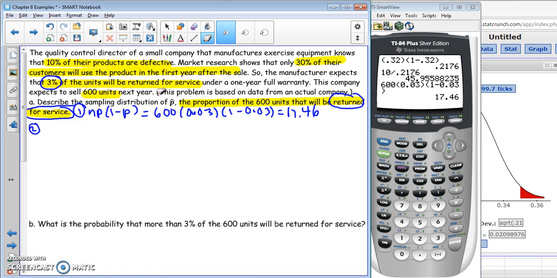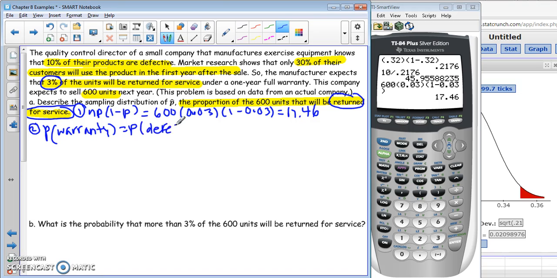If they're going to be returned for service, that means they have to be defective and they've been used in the first year. So the probability that they get a warranty claim is that they're defective and they use them. They're telling us that it's 3% of them.